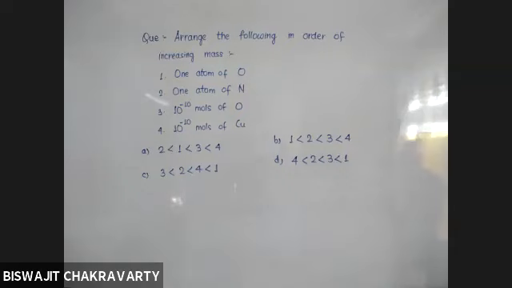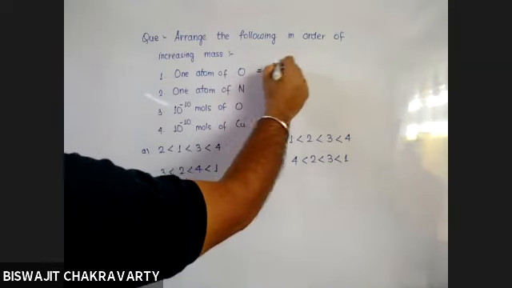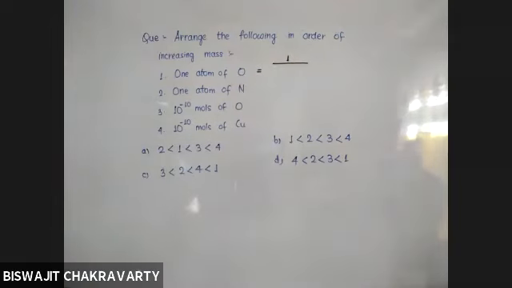See, you need to convert all of them to grams, na? How will you convert 1 atom of oxygen to gram? Use the Y diagram. 1 should be divided by what? To convert it into moles.